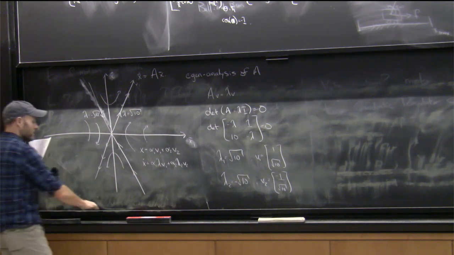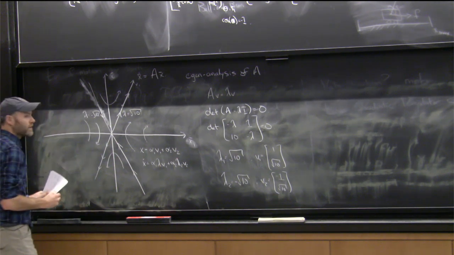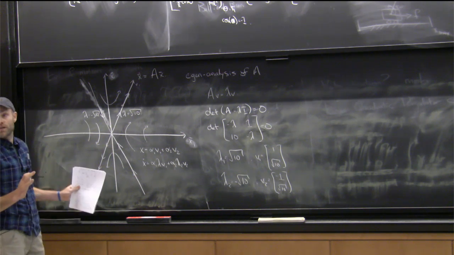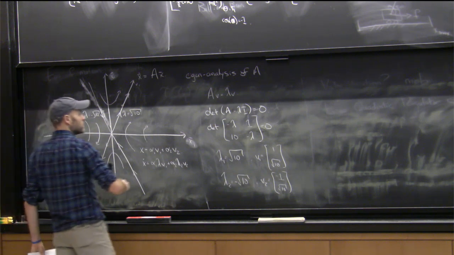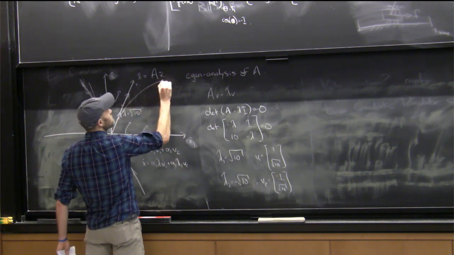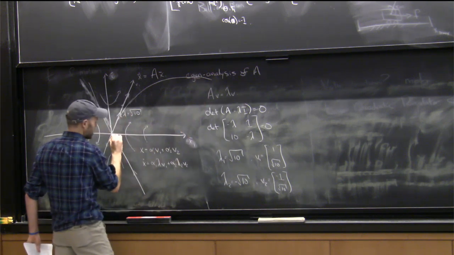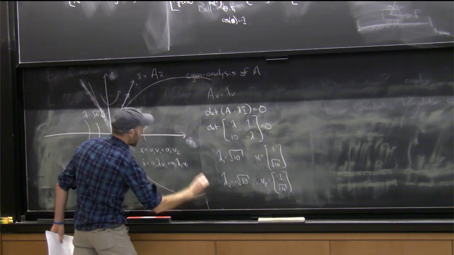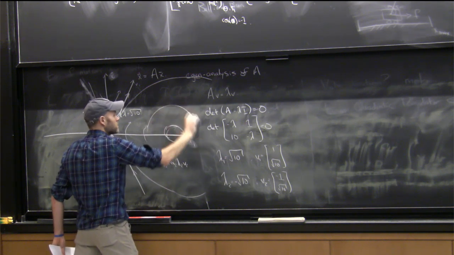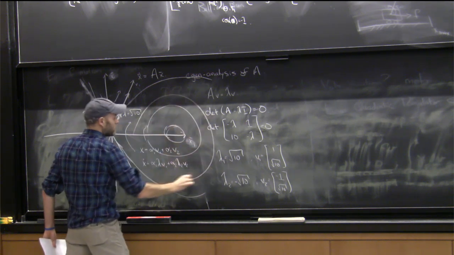So the trick here is that, I forgot my colored chalk, but if I were to zoom out a little bit, this is actually very familiar. There's an eyeball sitting here, right?